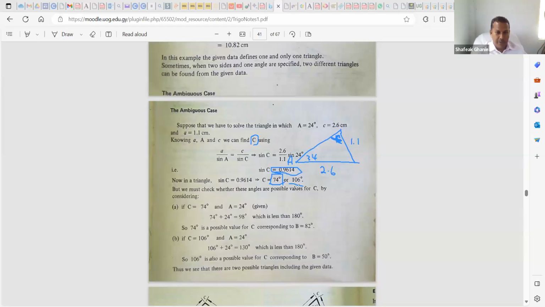Now, the big question is where we get a 106 from. The calculator doesn't give you that, though. How will you get that? 180 minus the 74. And why are you doing that? Any thoughts? I think you all can annotate on this diagram if you want to.